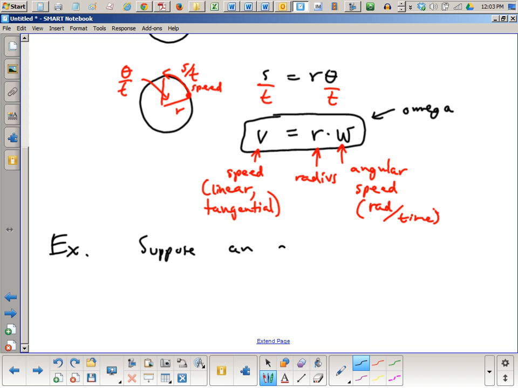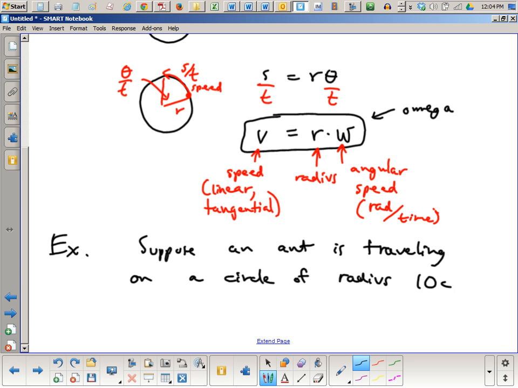Suppose an ant is traveling on a circle of radius 10 centimeters at a rate, and let's make the rate an angular rate, how about at a rate of 2 RPM? What is the ant's speed?